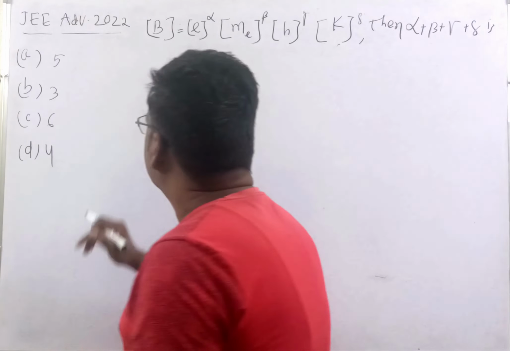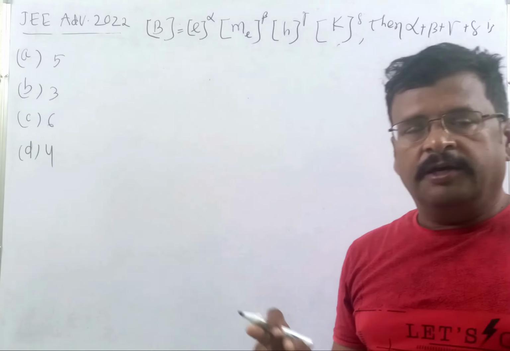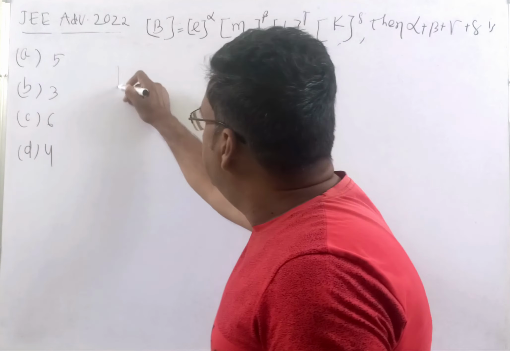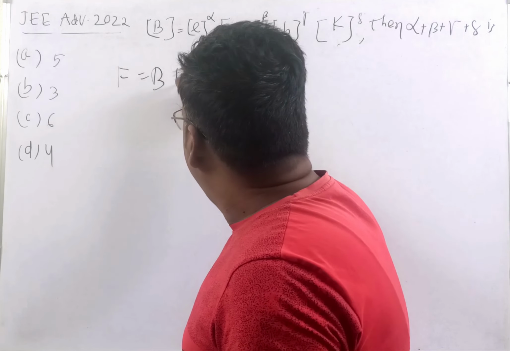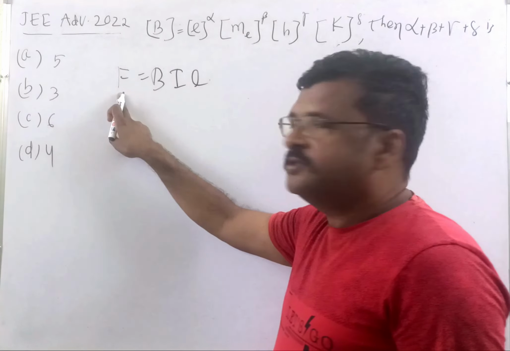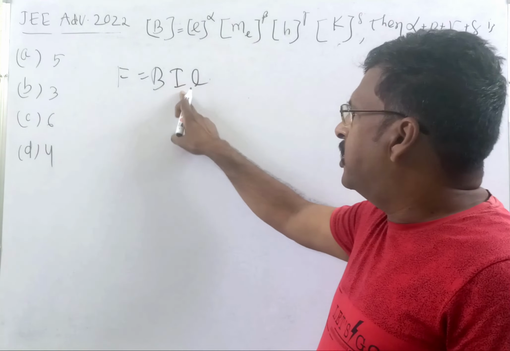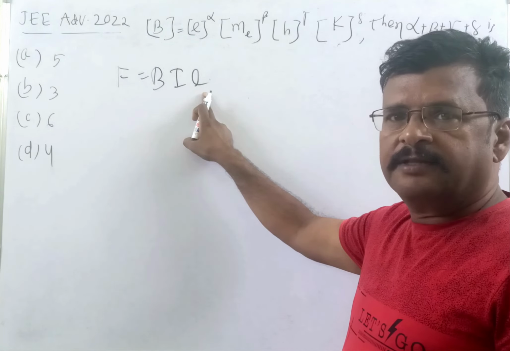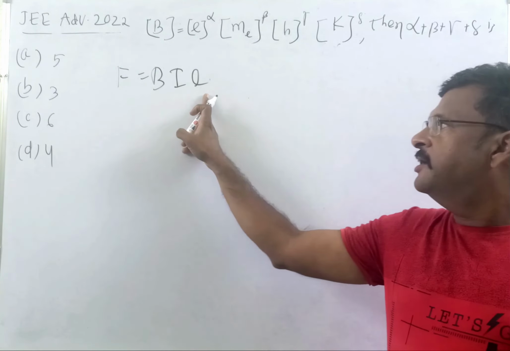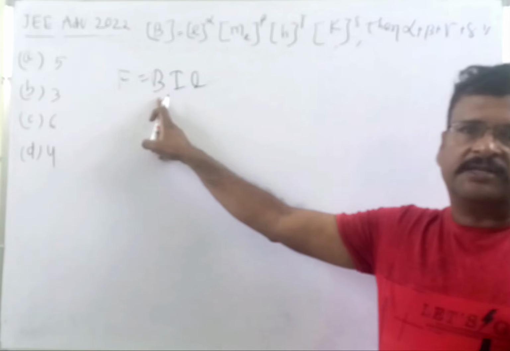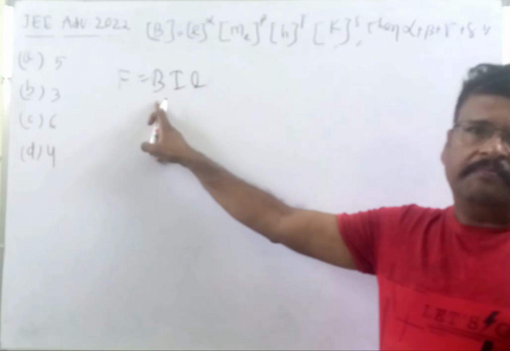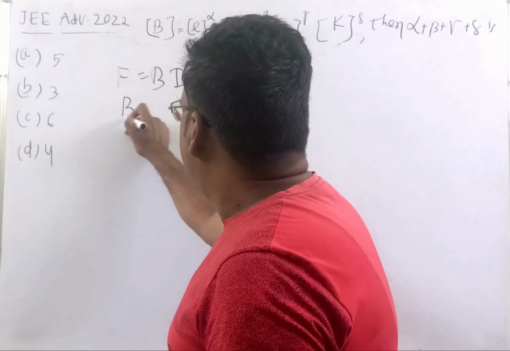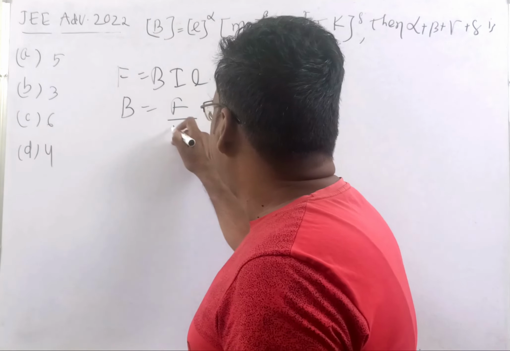We know the force on a current carrying conductor in a magnetic field is given by F is equal to BIL, where F is the force on the current carrying conductor in which current I is passing and the length of the current carrying conductor is L, and it is placed in the magnetic field B. Then from this formula we can find out the value of B as B equals F by IL.